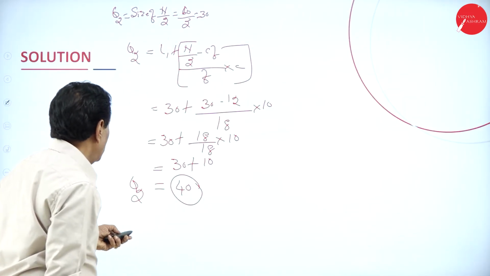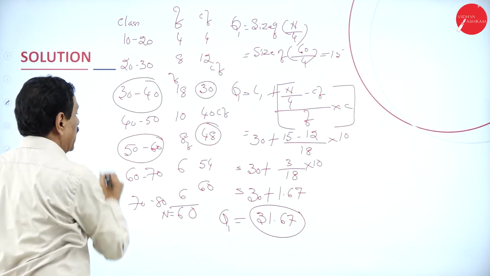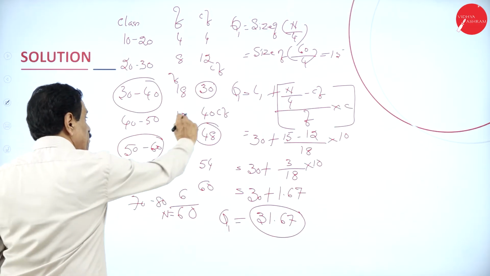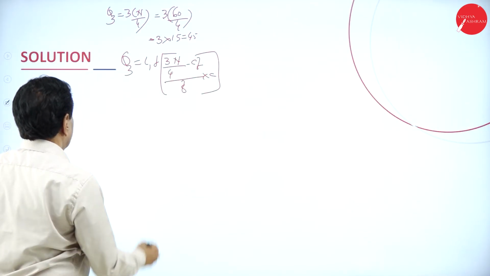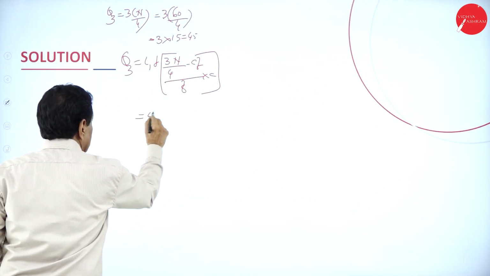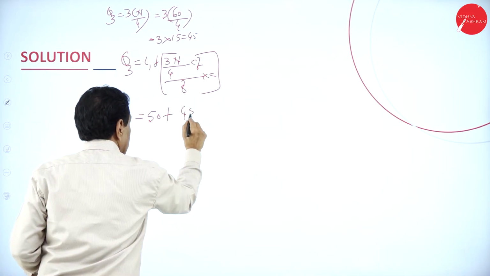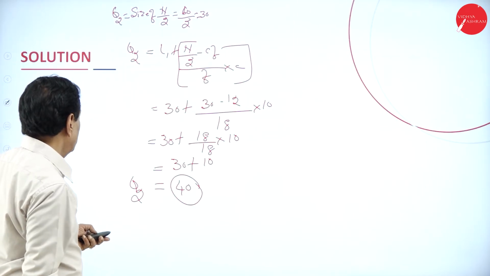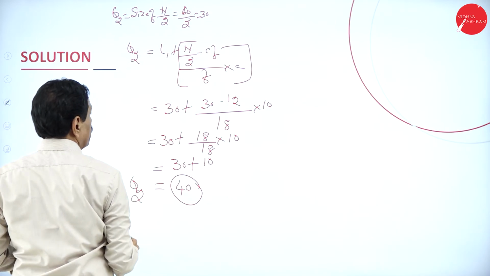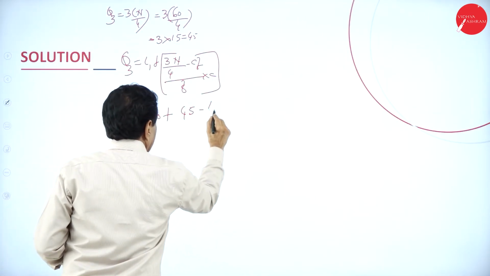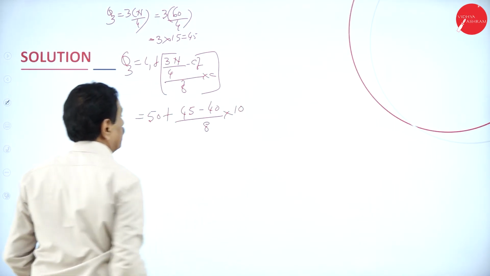Find out 45. 45 will come under 48. The range is 50 to 60. Behind is 40, constant is 8. This is L1 is 50. What is 3N by 4? 45 minus behind, which is 40, divided by constant frequency 8 into class interval 10.